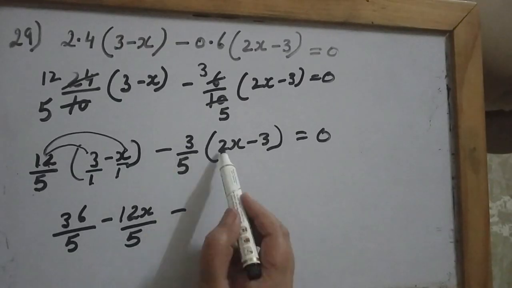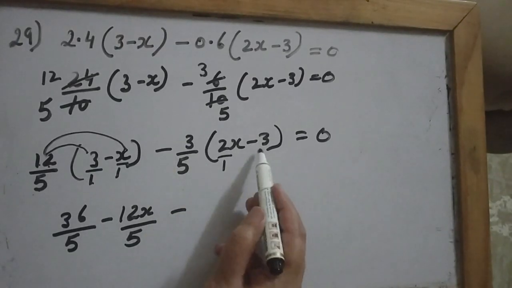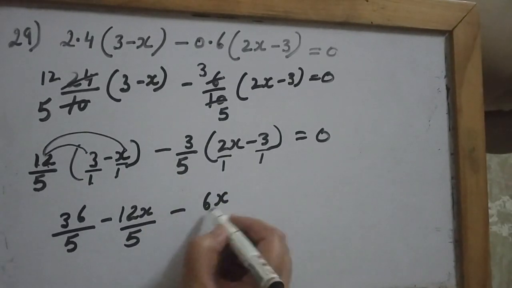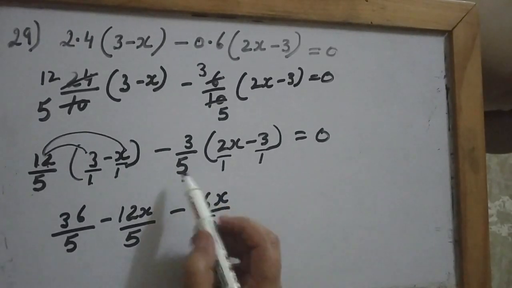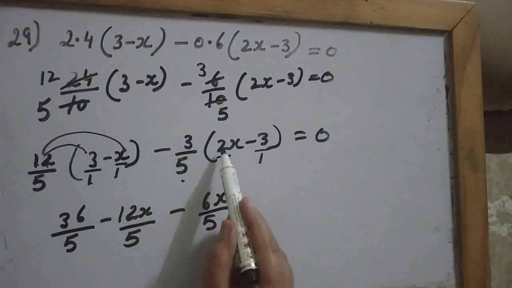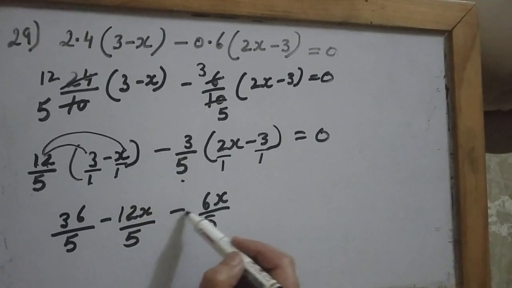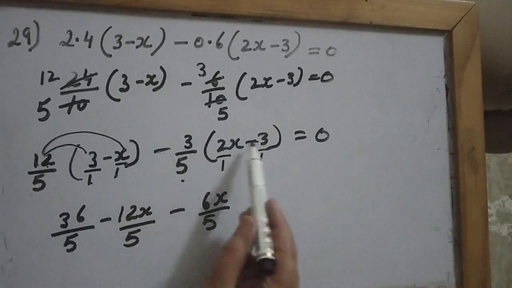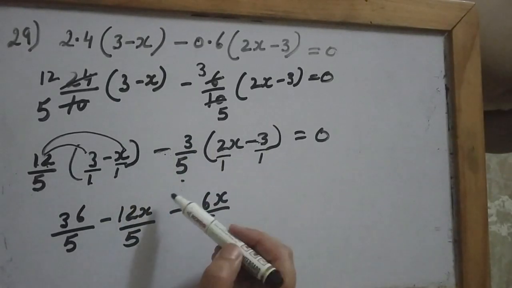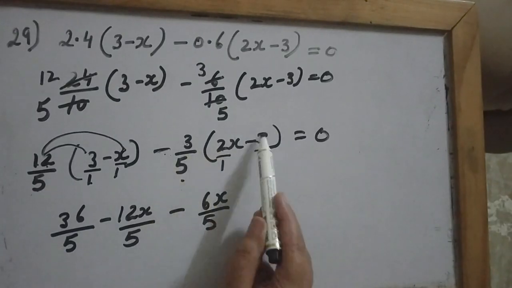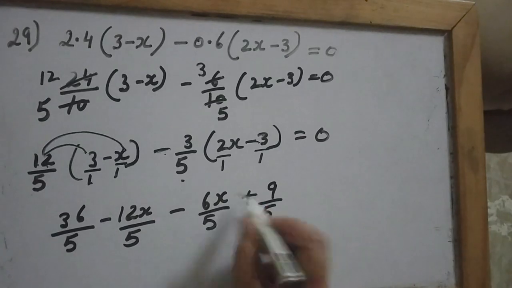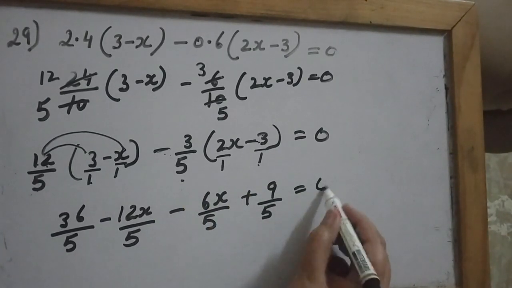Now here again, you can convert this into a fraction, 3 2s are 6x, 5 1s are 5. Now here you can see minus 3 multiplied by plus 2, so the sign will be minus, and here minus and minus, when you multiply two negative integers they will become positive. 3 3s are 9, so the answer will be plus 9 upon 5. 5 1s are 5 is equal to 0.